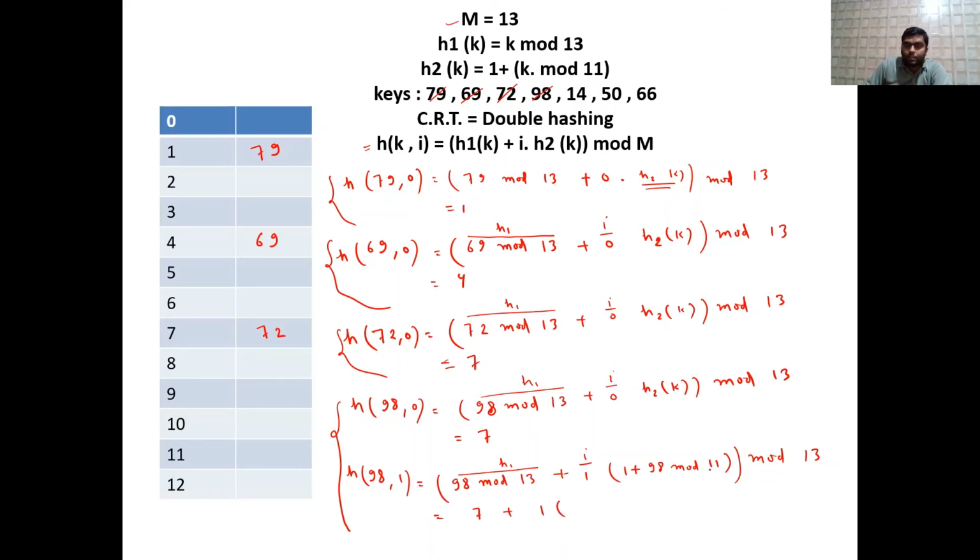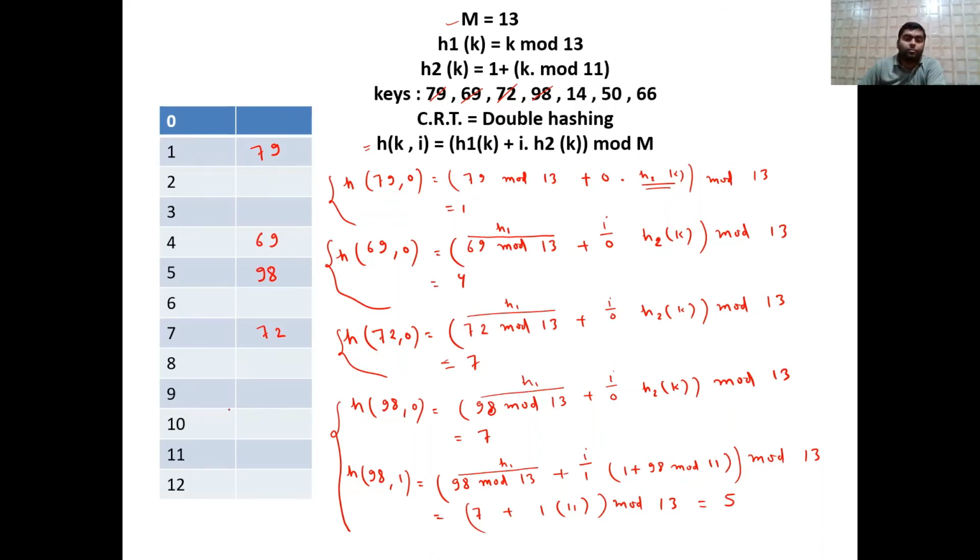What is 98 mod 11? 11 eights are 88, so 10 will remain. 10 plus 1 is 11, and so this is 11 and mod with 13. So finally you will get 11 plus 7, which is 18. 18 mod 13 is 5. So okay, fine. So space is available at 5. So 98 will be stored at the 5th location.